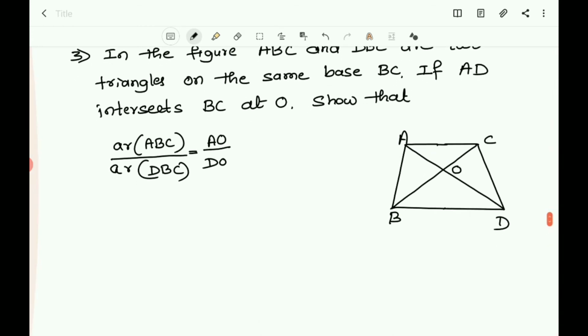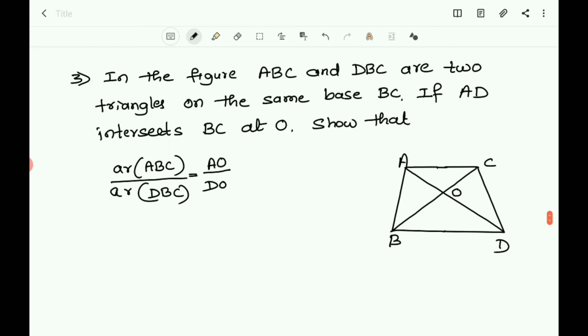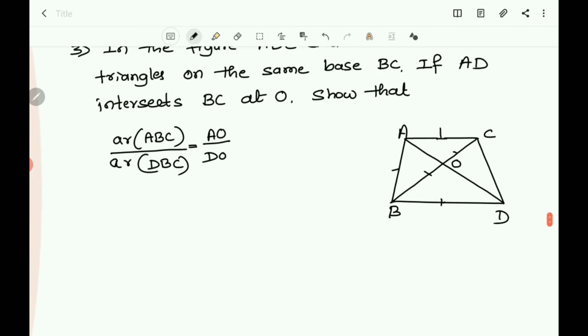So what is given here? It is given that triangle ABC and triangle DBC are on the same base BC.